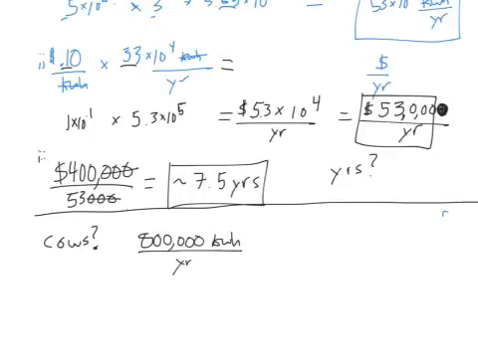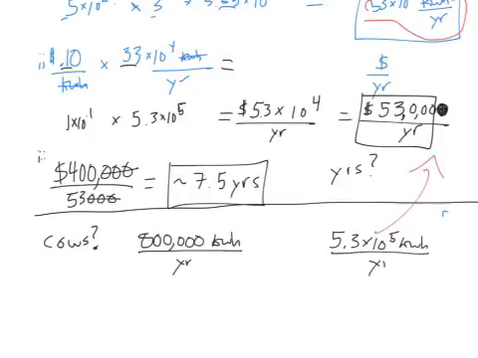And all the calculations that I did up here, this whole 5.3 times 10 to the fifth kilowatt hours per year, that's assuming he only has 500 cows, right?